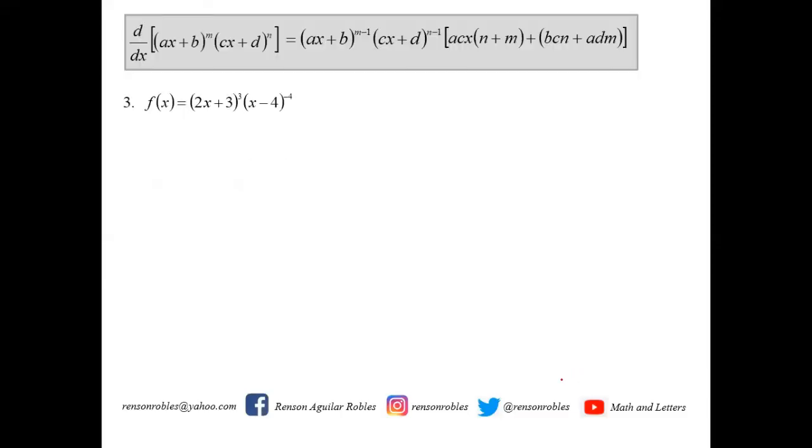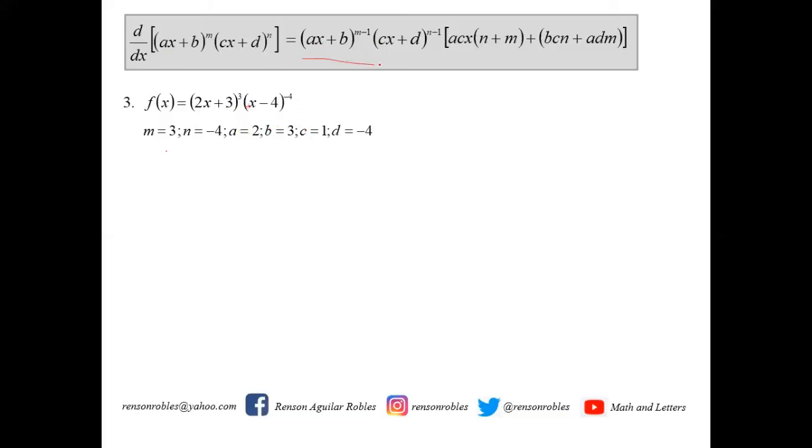Okay, and then we shall verify this. This is our previous example. So in this case, m is equal to 3, n is negative 4, a equals 2, b is 3, c is 1, the coefficient of x, and d is negative 4.